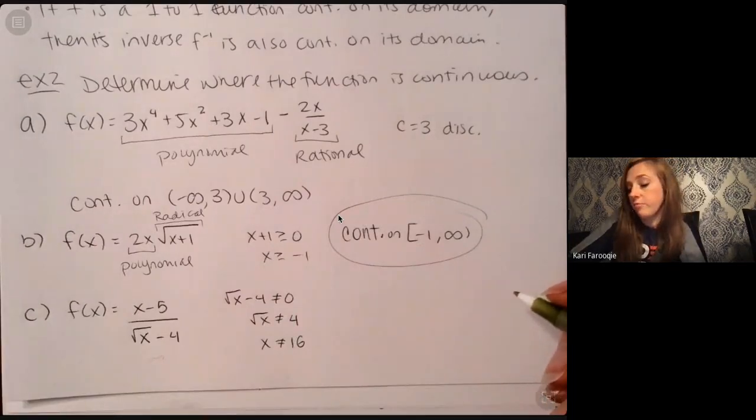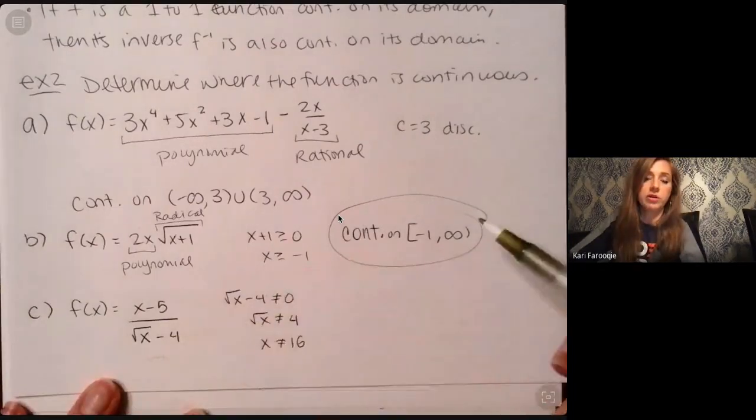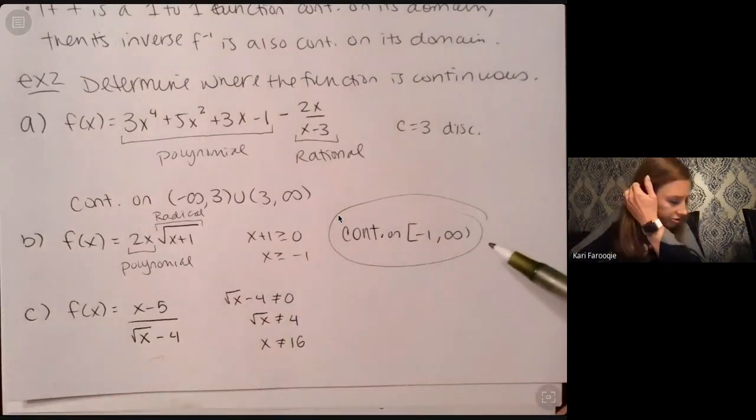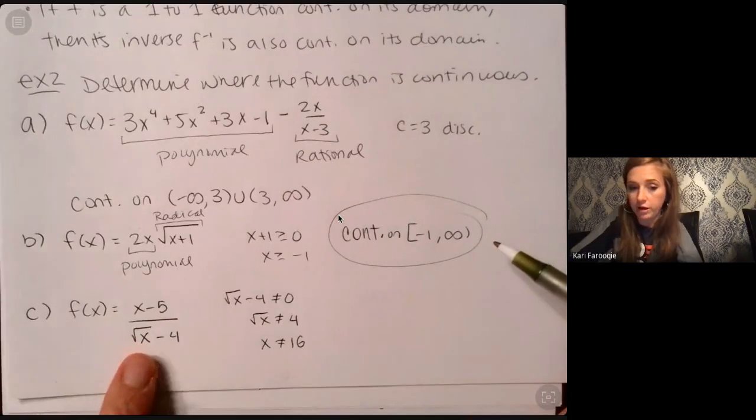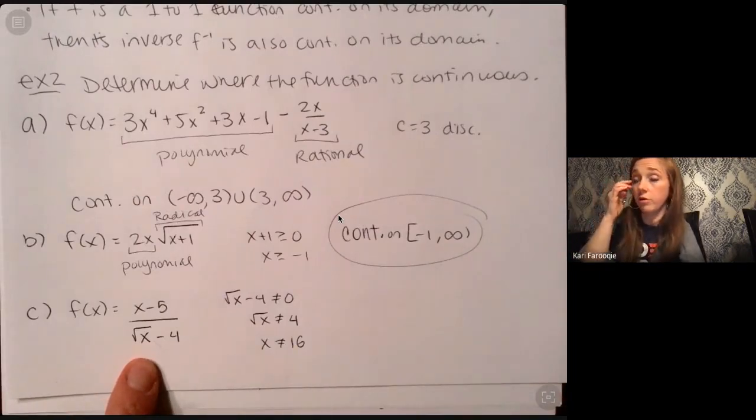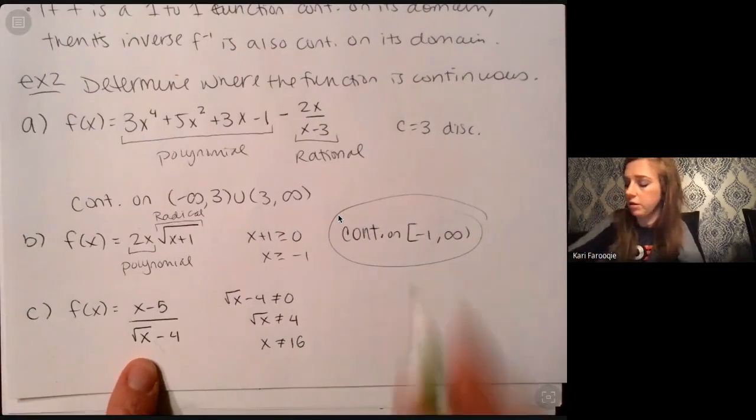So that's important, because if x is 16, then in the denominator, you have 4 minus 4, which is 0. Can't have that. But you also need to force x to be some value that's greater than or equal to 0, just because you need your radicand to be a non-negative number.